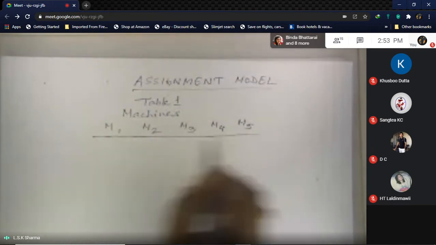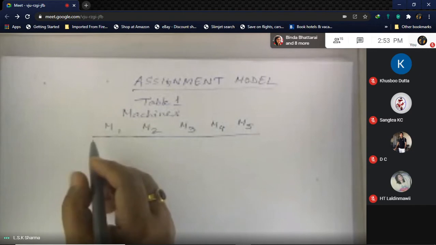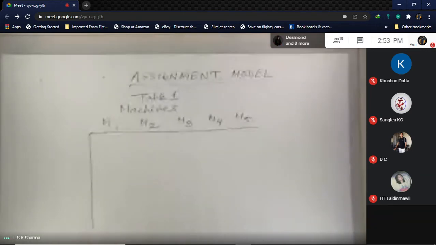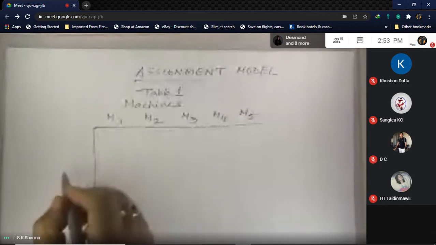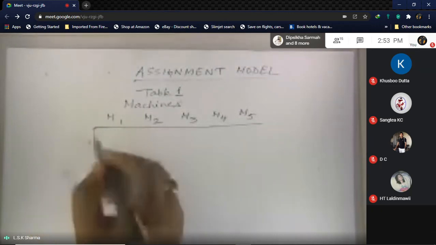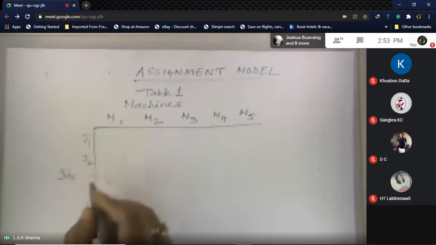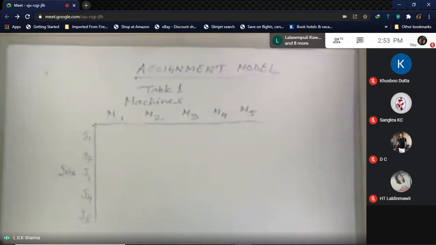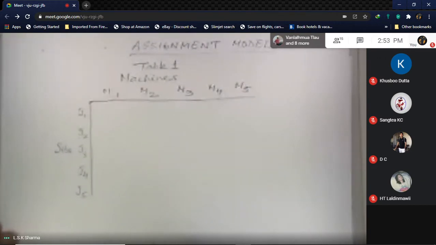I'll draw a square out here, and 5 jobs to be given to these machines. Okay, and I have jobs like J1, J2, J3, J4, and J5. These are the jobs to be given.